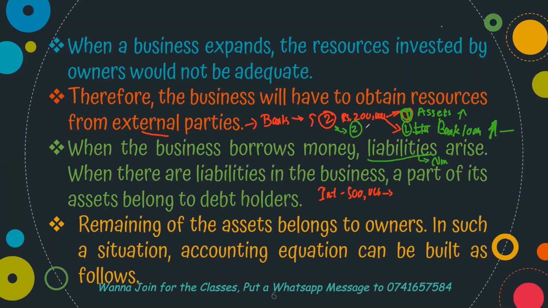As our second impact, when we take a bank loan, the bank gives us money, puts money into our account. If you or your parents apply for a bank loan, the bank gives them money. So our cash asset will also increase by 200,000. I hope you guys understood that.